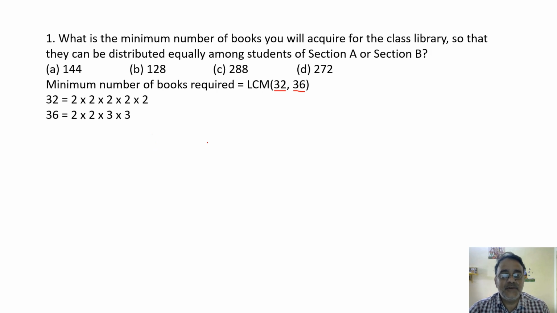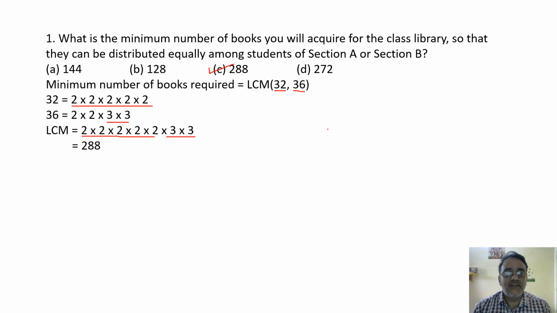So LCM is equal to the product of all the prime factors with the highest power or maximum times of repetition. So 2 repeated maximum 5 times and 3 repeated maximum 2 times. So 2 to the power 5 into 3 to the power 2, right? So 32 into 9. So we are going to get 288. And the correct option is C.